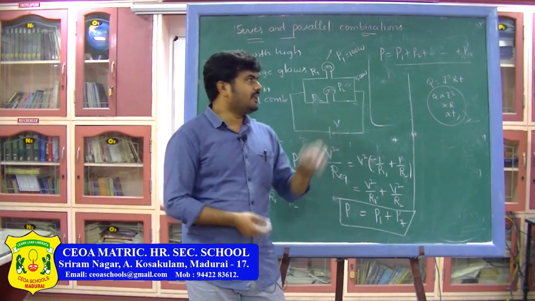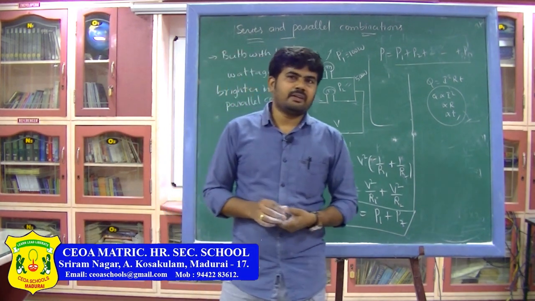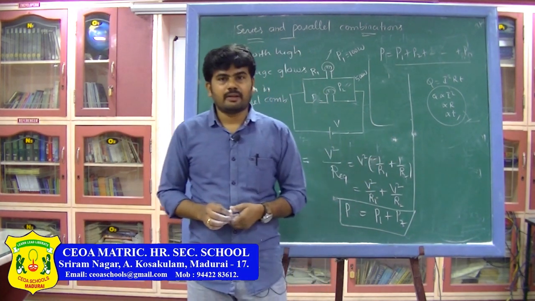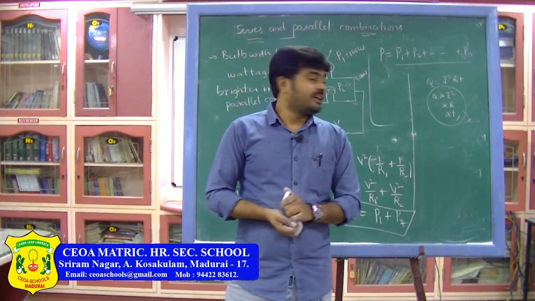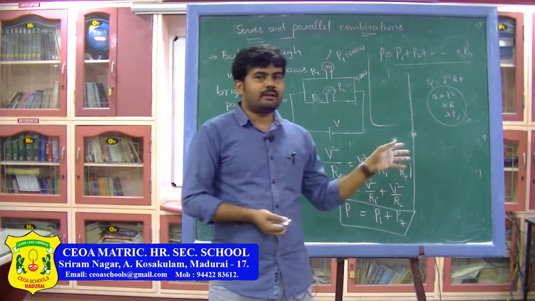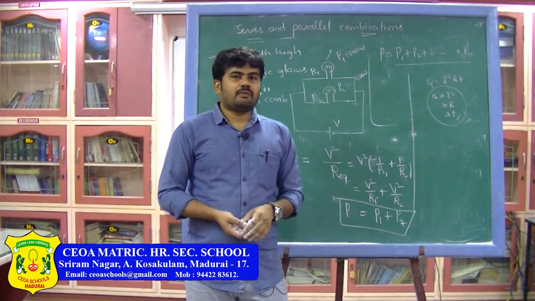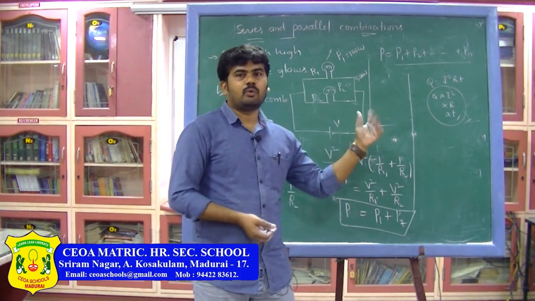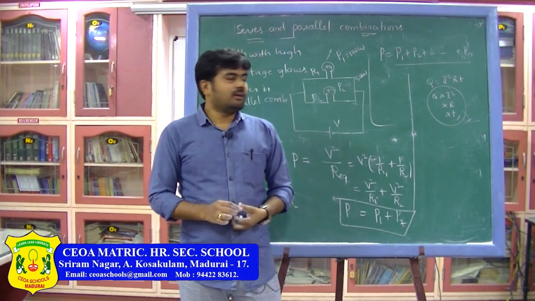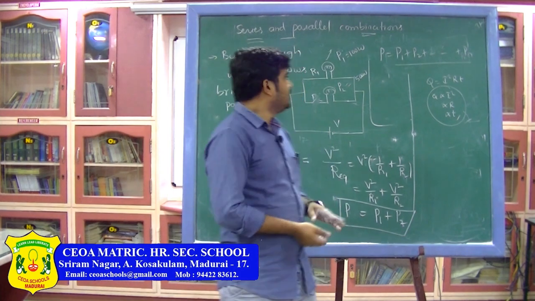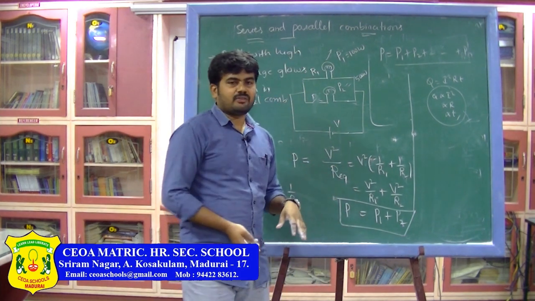That is how electrical energy converts into heat energy, and that loss of energy we call ohmic loss. Then I explained the kilowatt hour, how to calculate the number of kilowatt hours in a day and in a month, and how to calculate the electricity bill. Then we discussed the parallel and series combinations of bulbs.